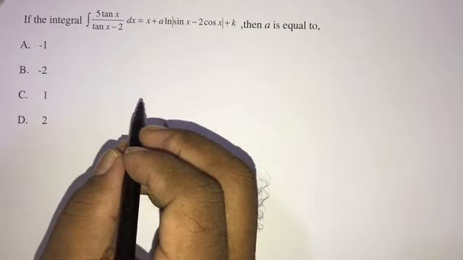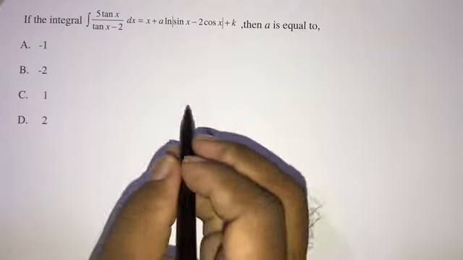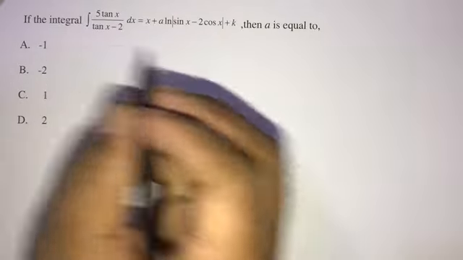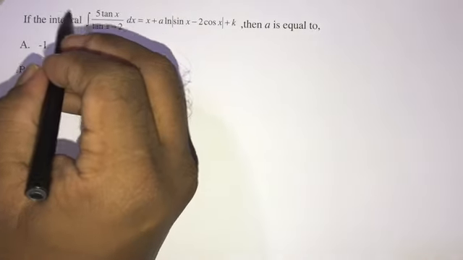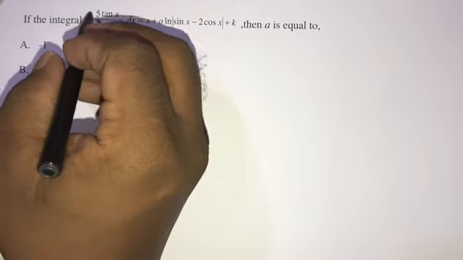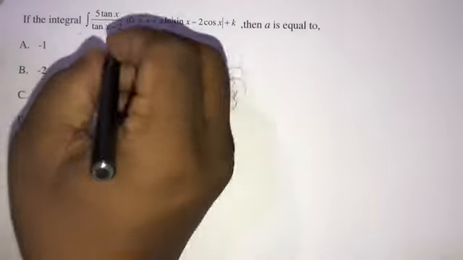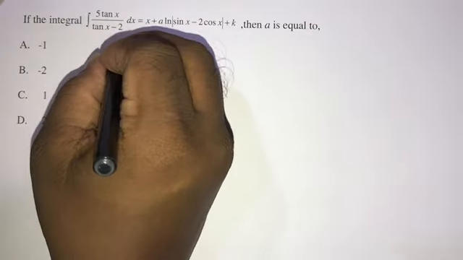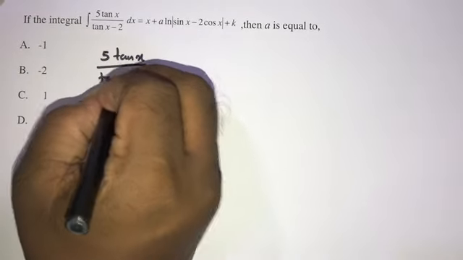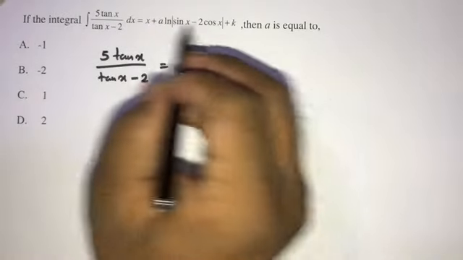Yeah, we can use the differentiation integration method. So first take the derivative of both sides. Here derivative and integration are inverse processes, so integration and differentiation get cancelled and you can write here 5 times tan of x over tan of x minus 2 is equal to, now the derivative of this side.